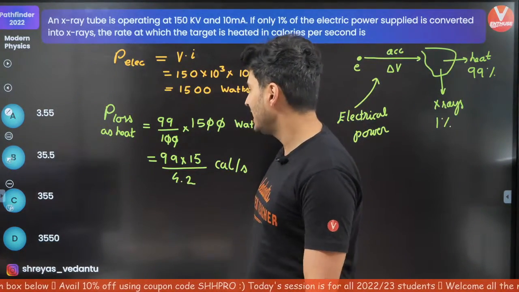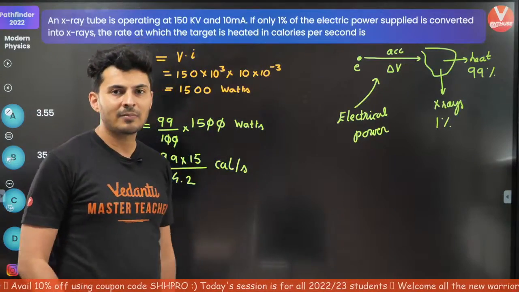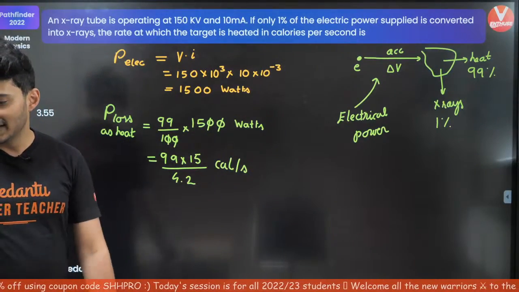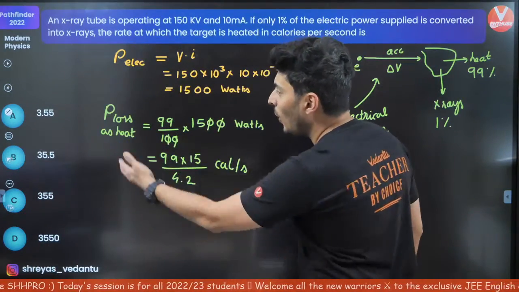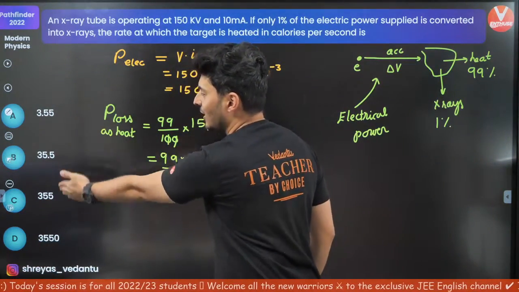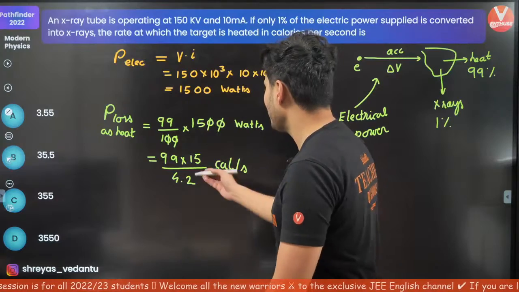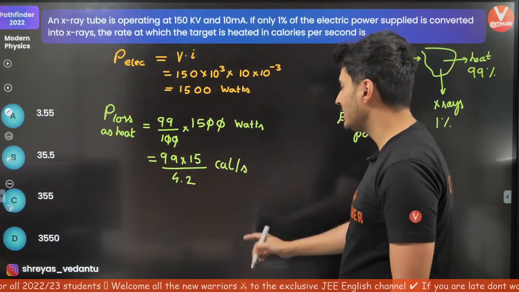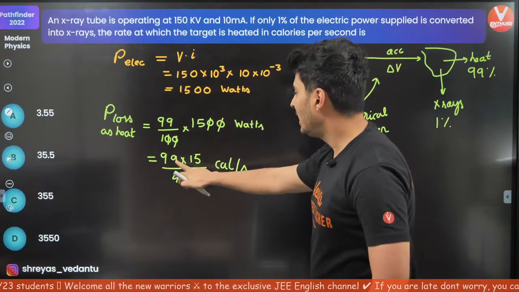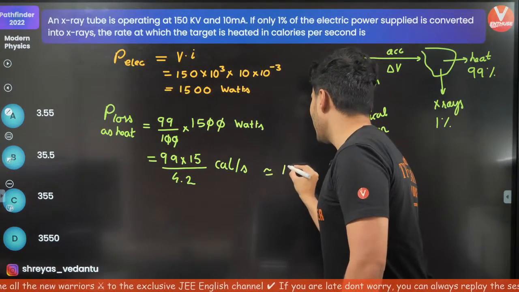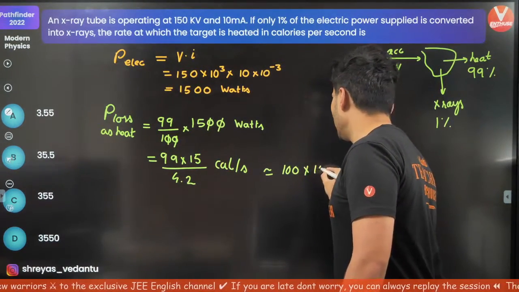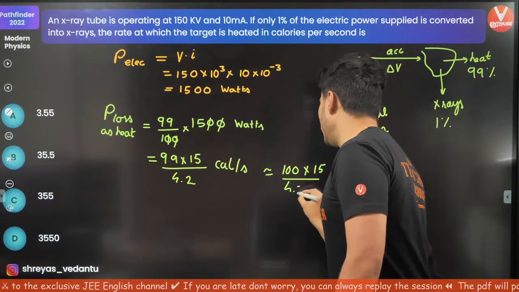Now what do you think will be the answer for this particular thing? Come on guys, what do you think? Sneha saying option C. Okay, most of the options are looking similar, only the decimal point is different. I think you can see this very easily. This is almost 100, and this is 15. This is almost like 100 into 15, and you have 4.2.